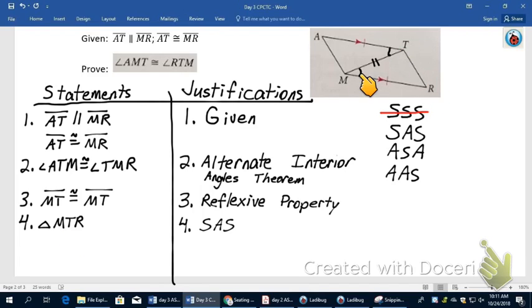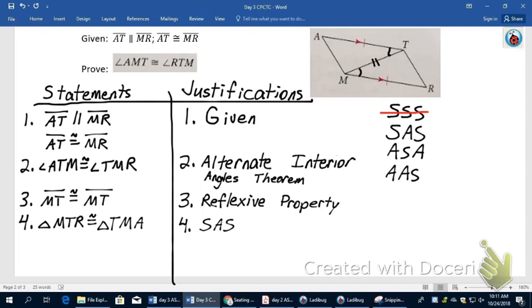M in this triangle corresponds with point T in the other triangle. T in the first triangle right here corresponds with point M in the other triangle. And then R corresponds with A. So you have to be really careful naming these triangles on the second one to make sure it matches the first.